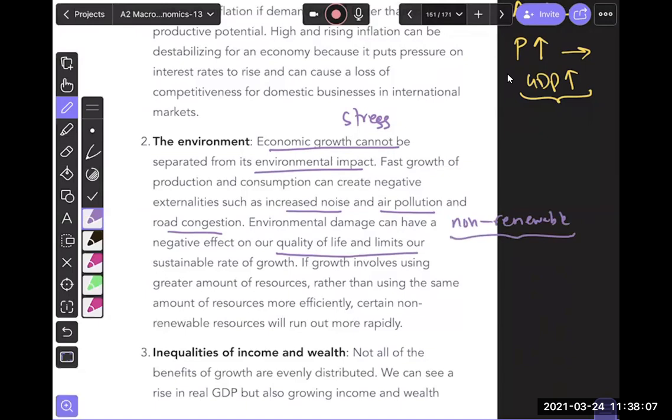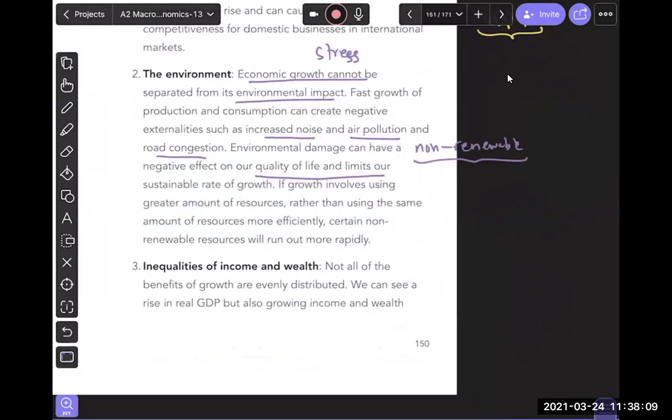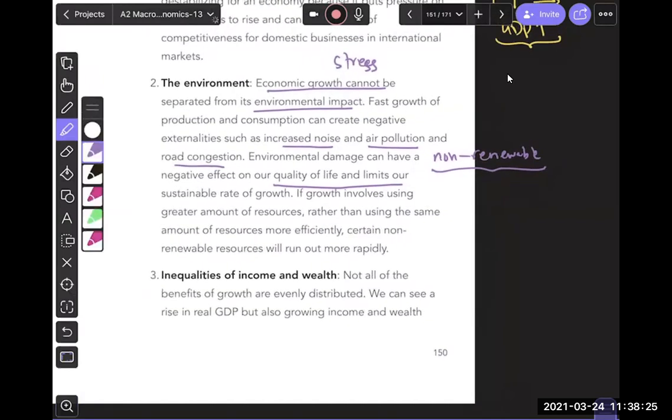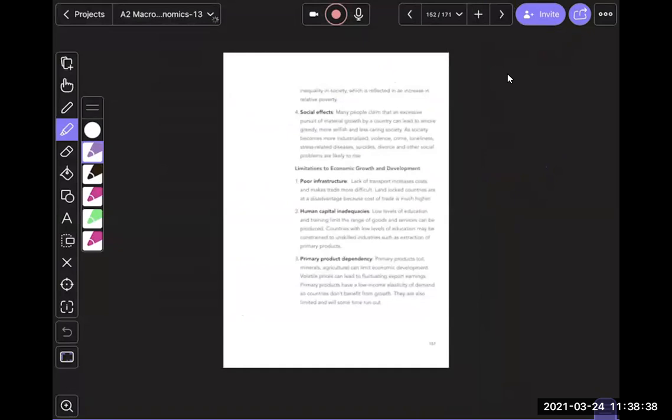One of the problems is the environmental damage of economic growth. Thirdly, guys, because of economic growth, you'll see some people get richer while others will not do well so soon. So not all of the benefits of economic growth are evenly distributed. One of the challenges is that if there's a rise in GDP, there's also a rise in income inequality, and a rise in the gap between the rich and the poor.